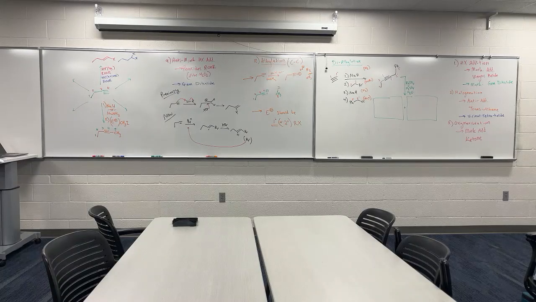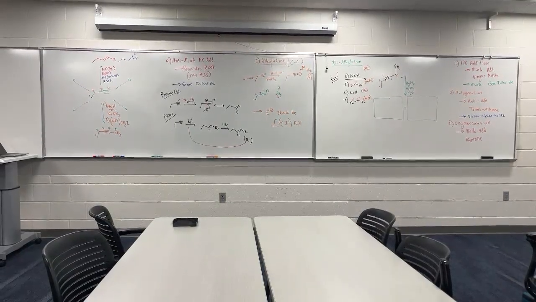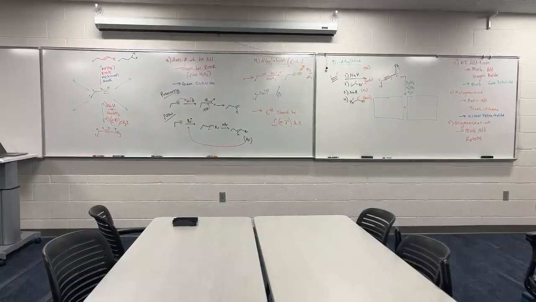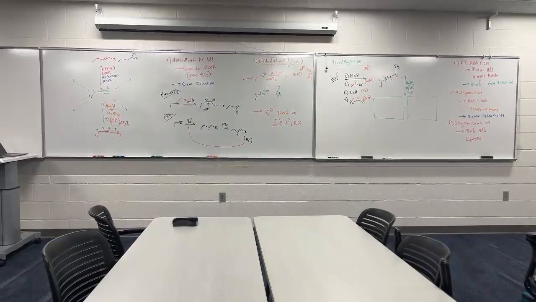They're equally substituted. 1 and 1 prime are both bonded to other carbons. So they both could be the more substituted carbon, which means they both could form the ketone. That's why we get two products.